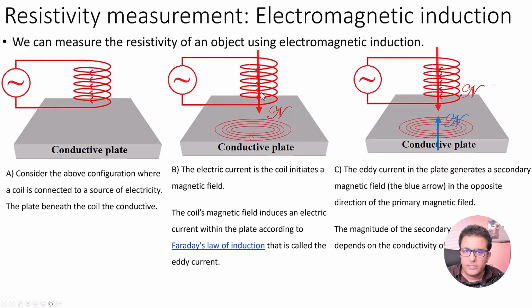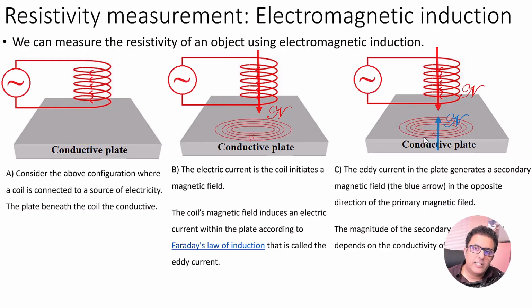So what's going to happen is we're going to have a time-variant magnetic field, and that time-variant magnetic field induces eddy current in the conductive plate. And from that eddy current, a secondary magnetic field is produced that is perpendicular to the initial or primary magnetic field. And here is how we are able to estimate the conductivity of material.